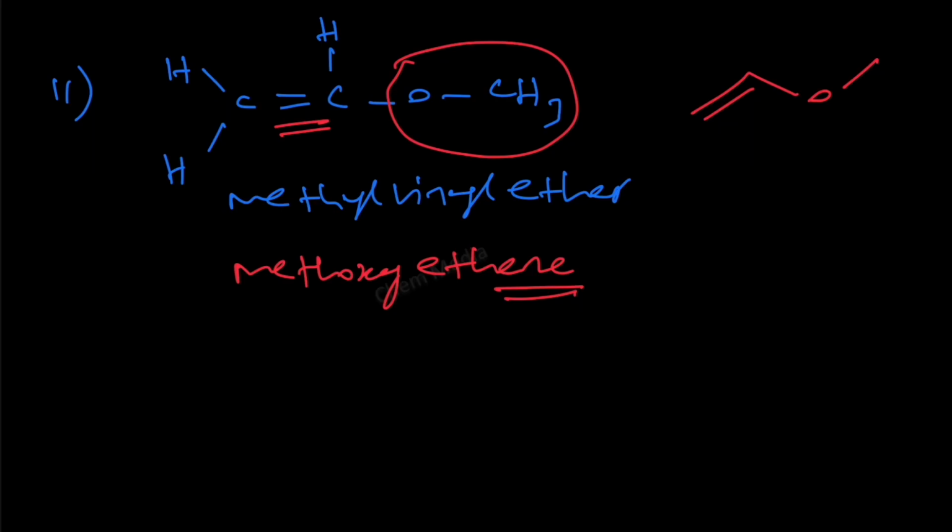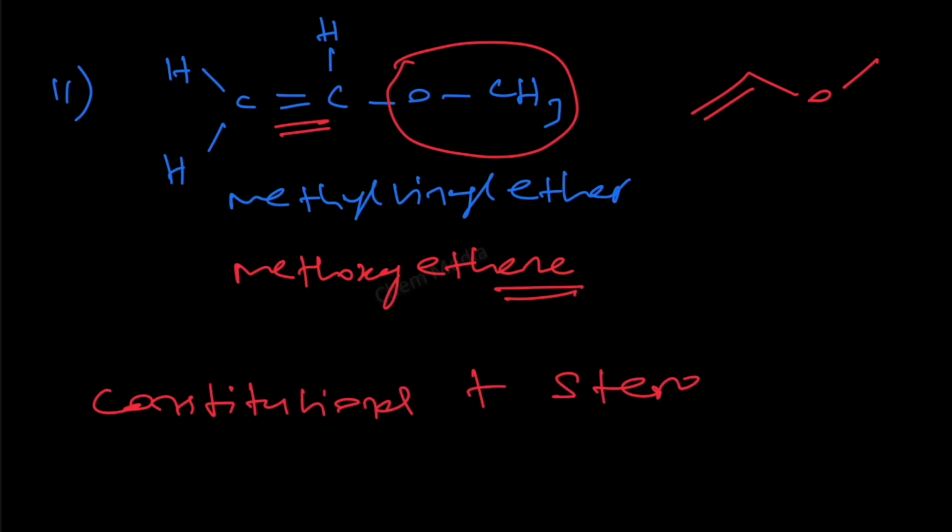So in total we have 11 isomers, constitutional plus stereoisomers, that is equal to 11 for this elemental composition. But if they are asking only constitutional isomers, then we have to consider it as 9 isomers. Why?